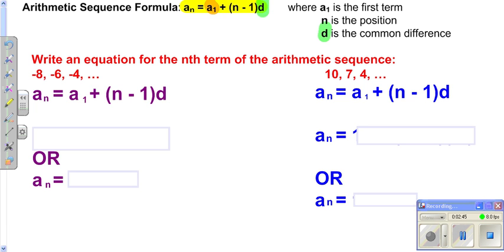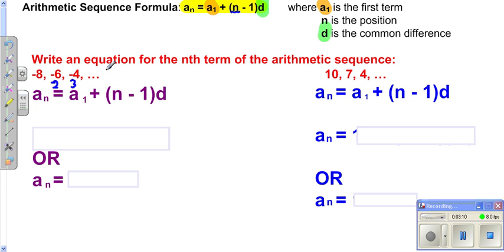This a sub 1 refers to your first term, and this n refers to the position of the term that you want to find. Your -4 here is in the 3rd position because it's the 3rd number in the sequence. Your -6 is in the 2nd position, so n would be 2 for that one.